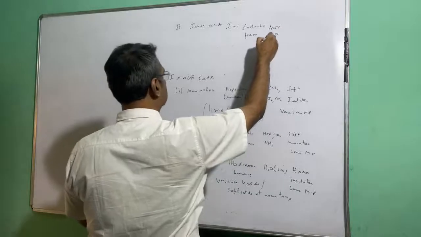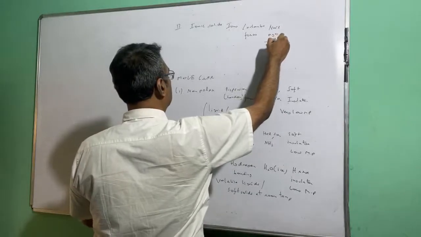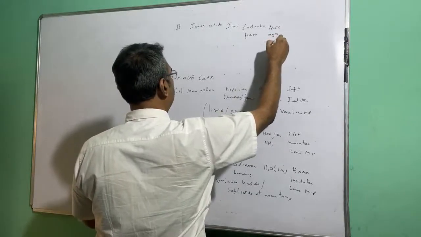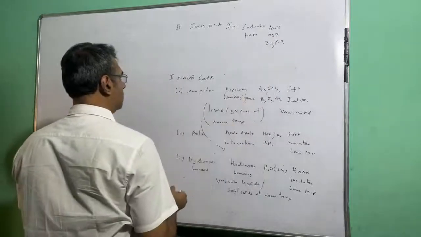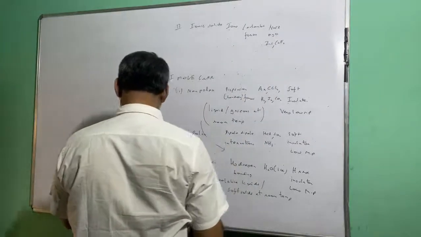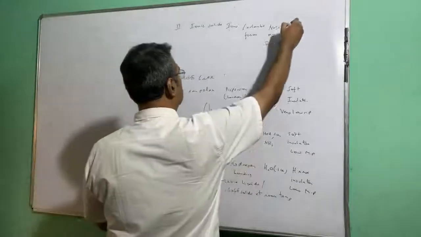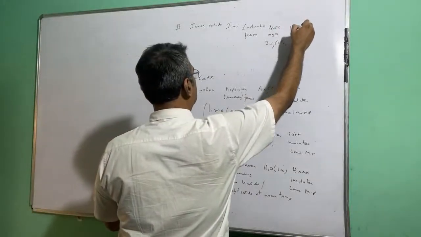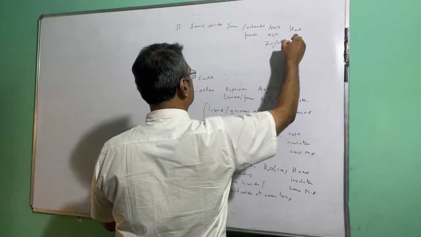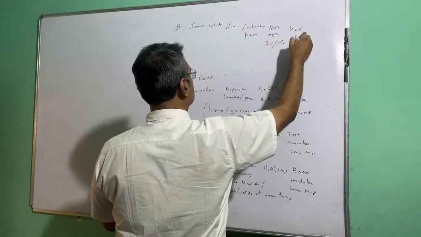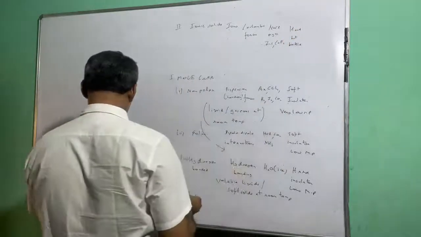The examples are NaCl, MgO, ZnS and CaF2. They are hard but brittle.